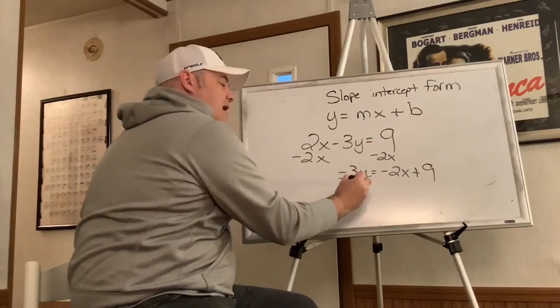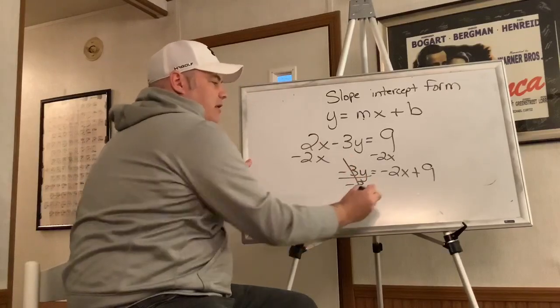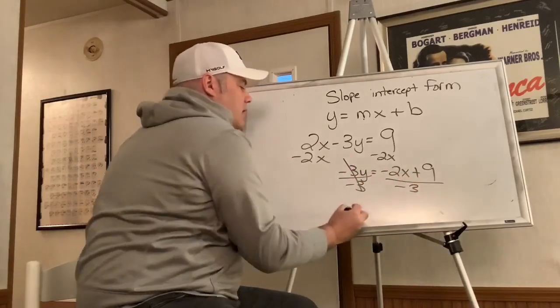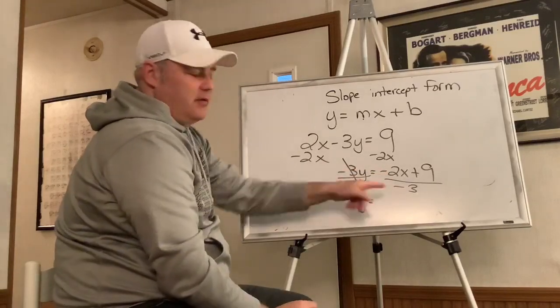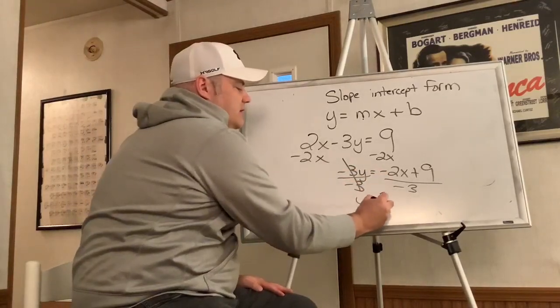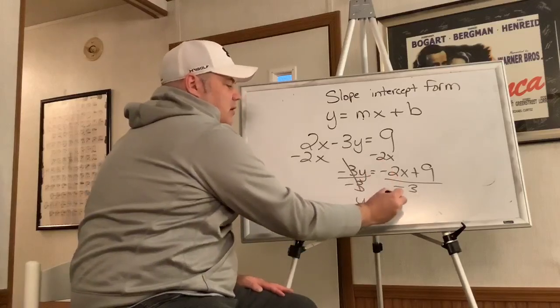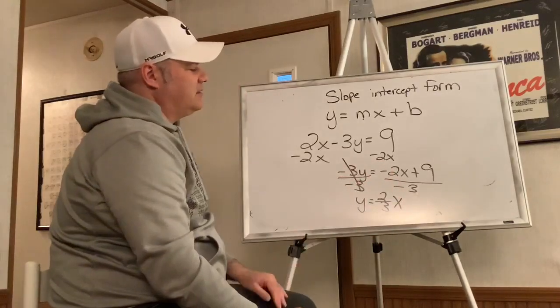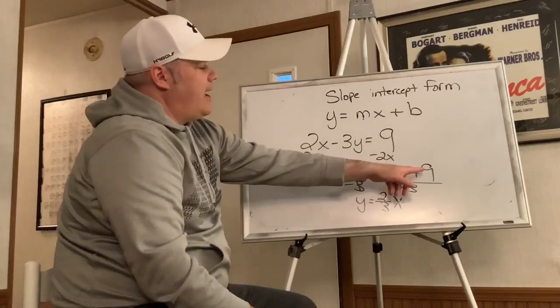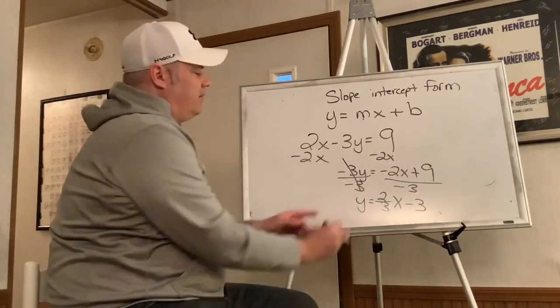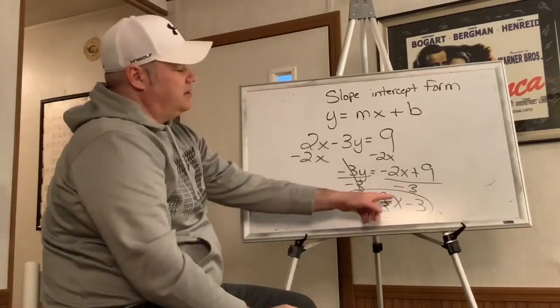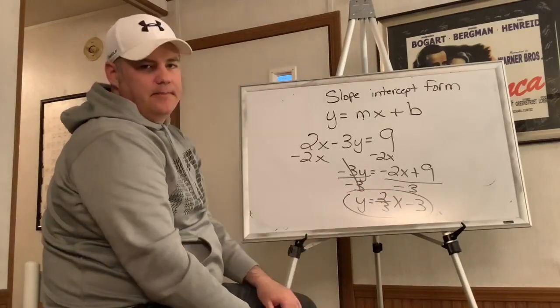And then divide by negative 3, because you need to get rid of the whole thing. Which means this is going to be a negative 2 divided by a negative 3, which doesn't come out even, but it's positive now, because negative divided by negative is positive. I'm trying to give you all the different looks. And then a 9 divided by a negative 3 is a negative 3. So now we have y equals 2/3 x minus 3.